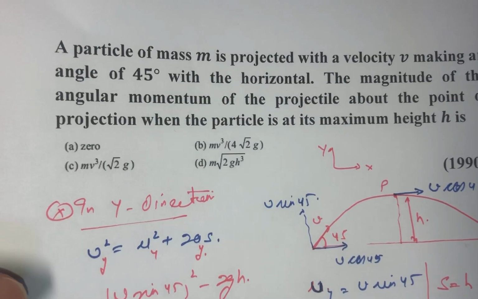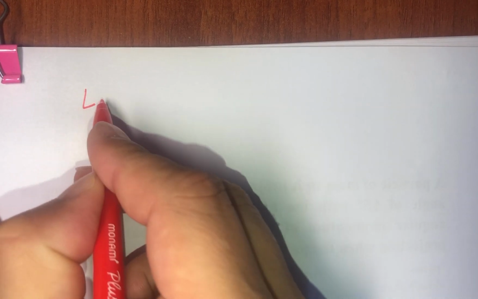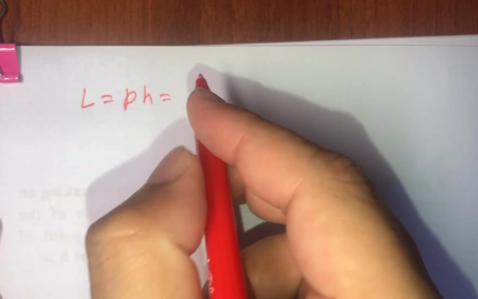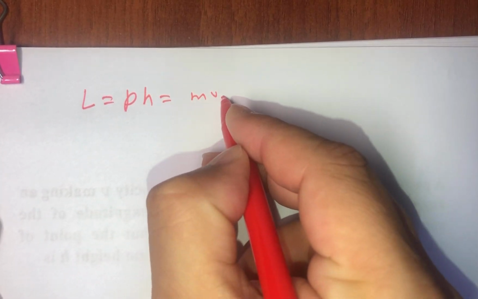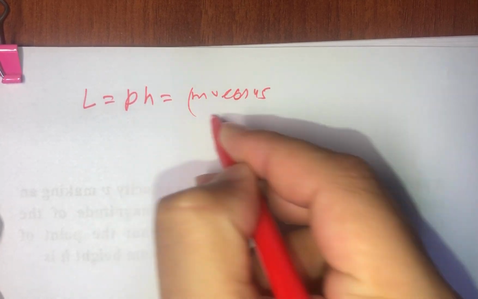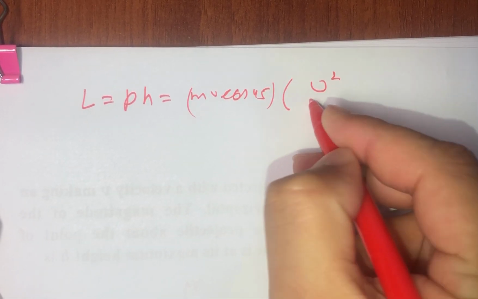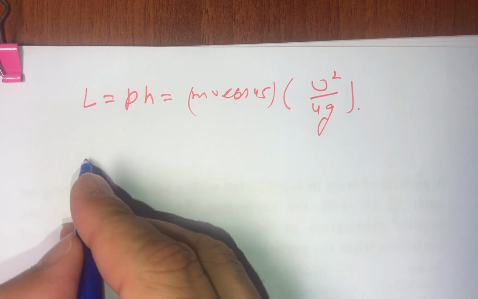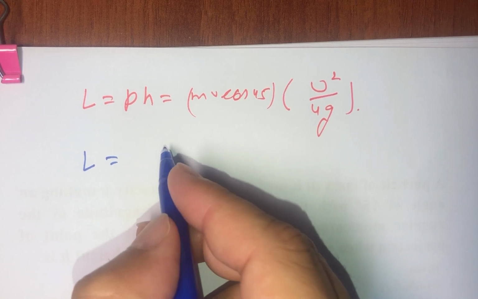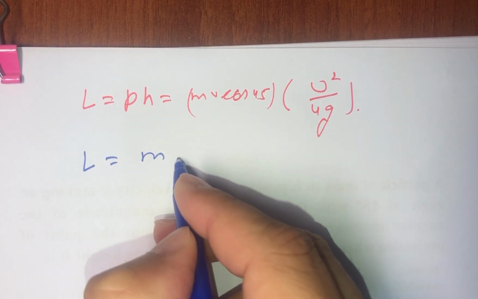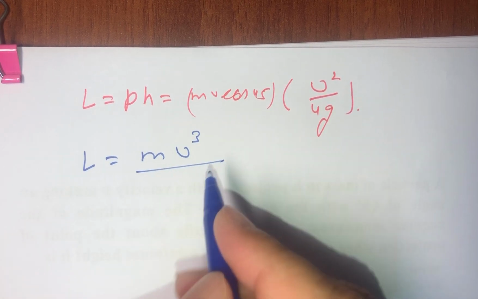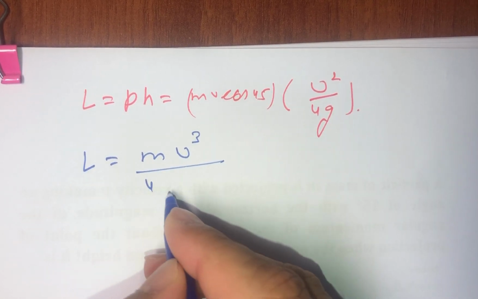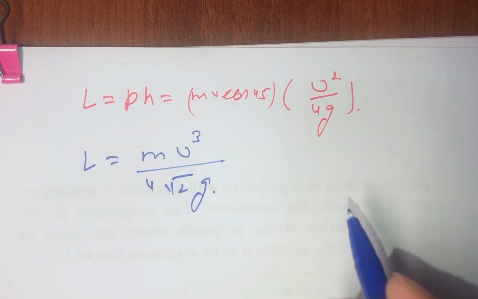Now we simply substitute the values. We get L is equal to P into H, and value of P is mv cos of 45, and H is v square divided by 4g. So you can say that L is our mv cube, and cos of 45 is 1 by square root of 2, so this will be over 4 square root of 2 multiplied by g.